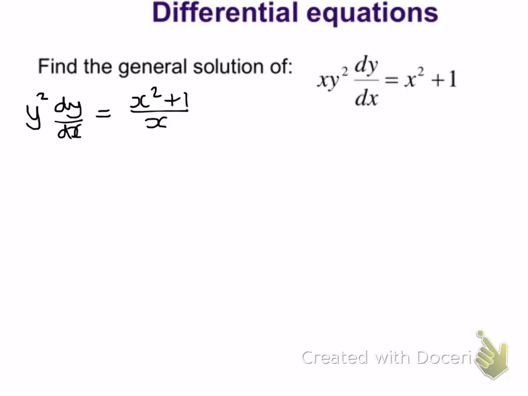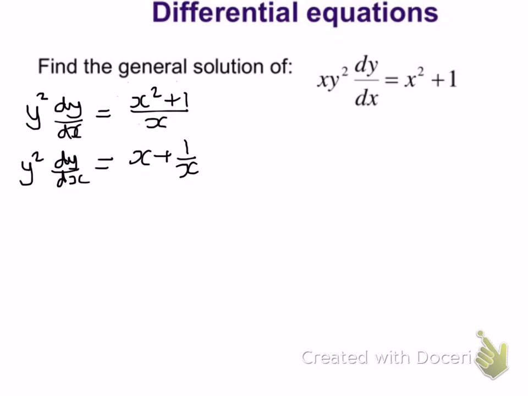Taking the right hand side, I can simplify this by writing it as two separate fractions and cancelling down, to give us x squared over x will become just x, plus 1 over x.